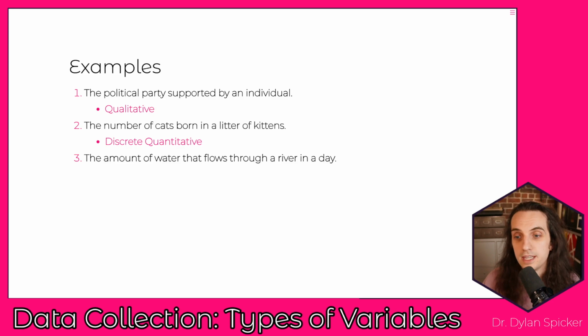If we wanted to know the amount of water that's going to flow through a river or flow past a point in a river on any particular day, right, we have to think first qualitative or quantitative. And here we're typically going to be measuring this as some specific number, right? There's going to be a numeric quantity associated, and so it's quantitative, right? But then we have to ask discrete or continuous.